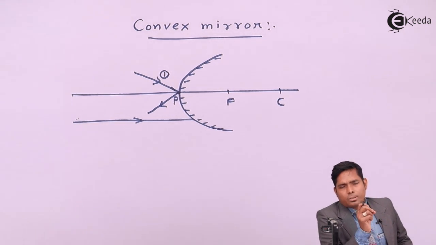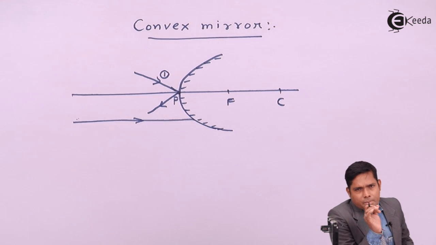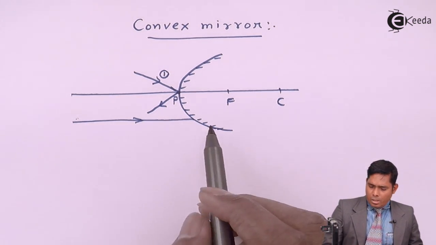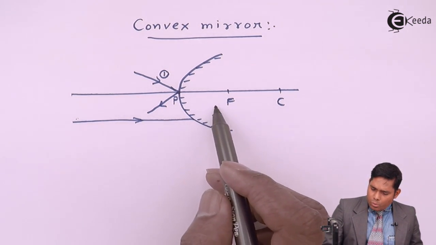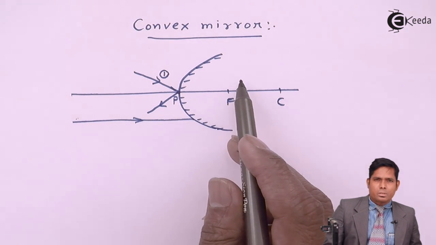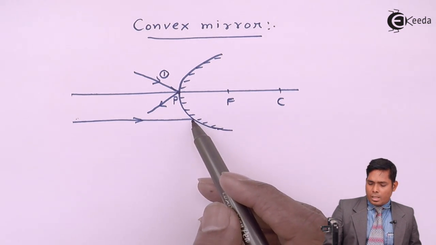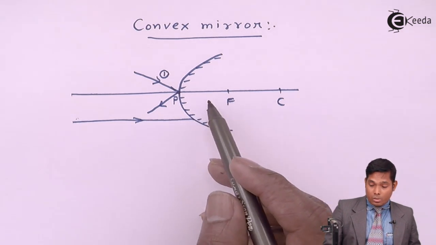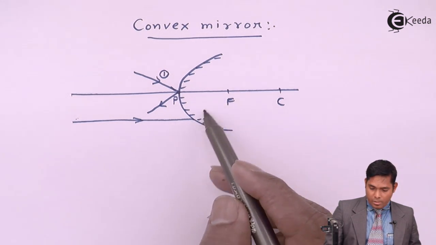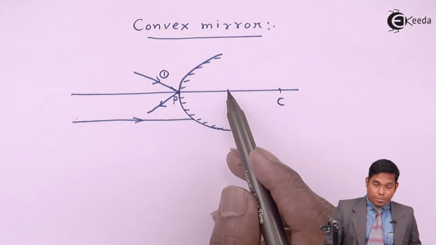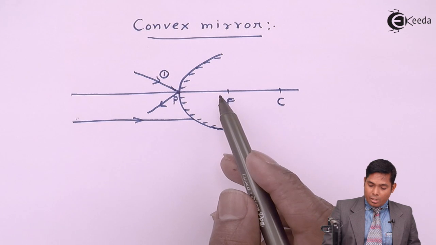But in case of this convex mirror, see what happens. It cannot pass through focus, because the ray cannot go through this side, because this is silver. It cannot go to this side. But the property still remains the same.